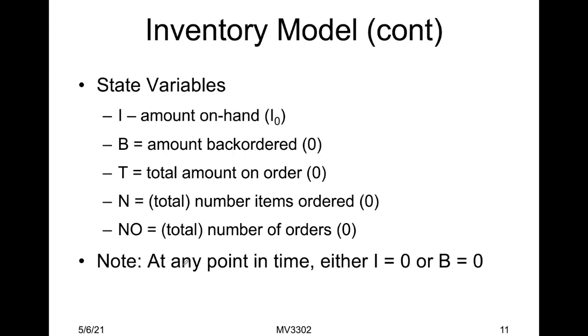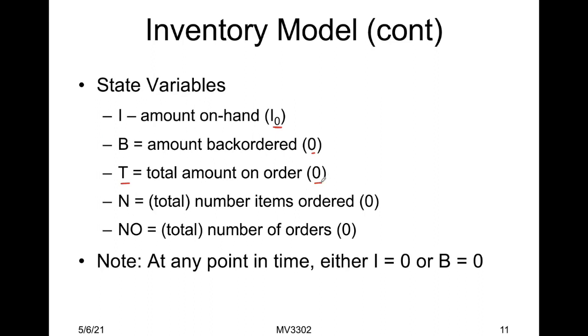So let's look at our state variables. They are the amount on hand, which is initially our initial amount, and the amount that's back ordered, which we initialize to 0. T is the total amount that we have on order. In other words, we don't want to be over ordering.